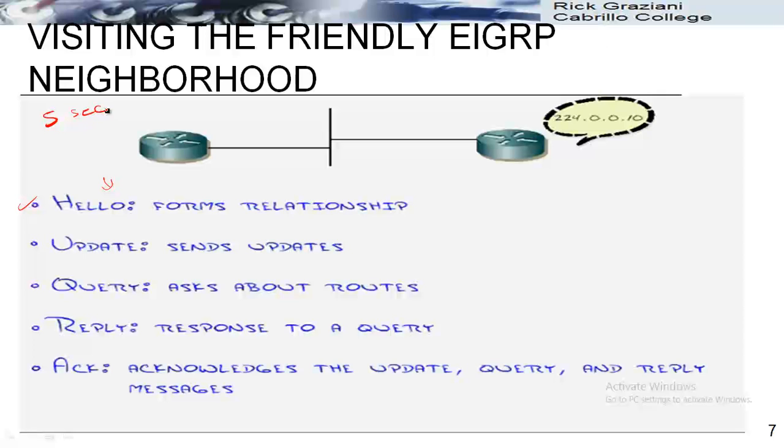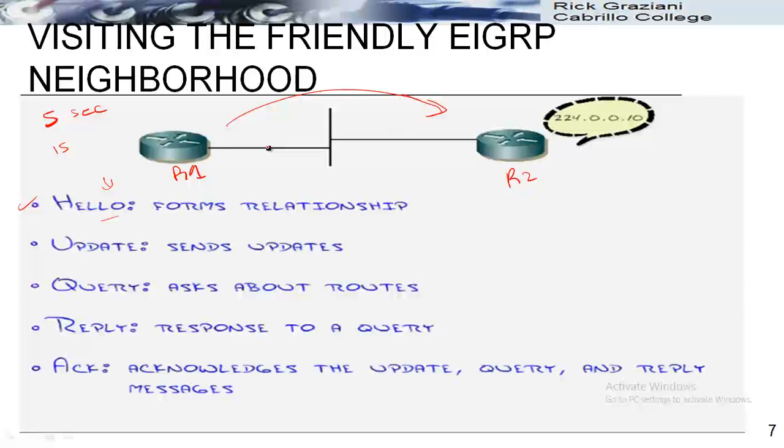And you have a hold timer or dead timer, one of those, of 15 seconds. If this is my R1 and then we have R2, of course they're using the hello packet to discover each other. In that hello packet it will carry the parameters that need to match.